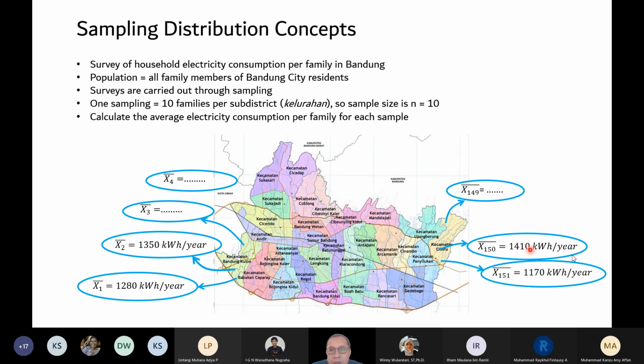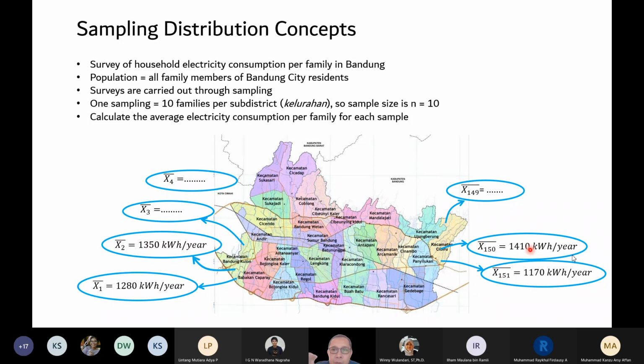So we say n is equal to 10. n always refers to sample size, not number of samples. Please do not confuse these two terms. In this case, sample size is 10, number of samples is 151.